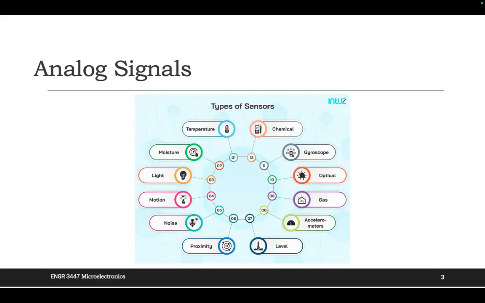What's the one word for those things? Yes, sensors. All these things can be measured by a sensor. Those sensors measure those things and just give you a value with a specific unit.